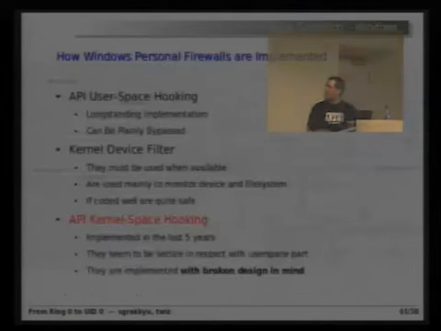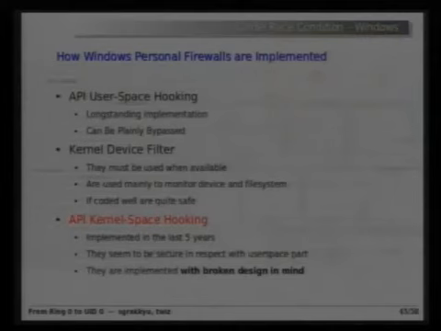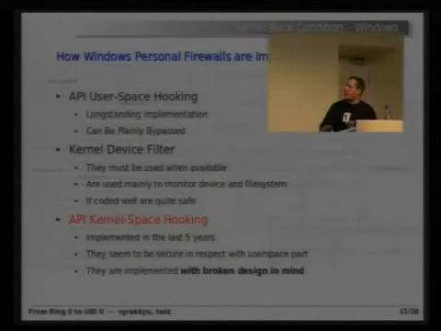This is the real topic. How third-party software integrated in Windows, like desktop protection, personal firewalls, and antivirus, is implemented inside the Windows kernel, and how we can exploit race conditions in those systems to bypass their controls.